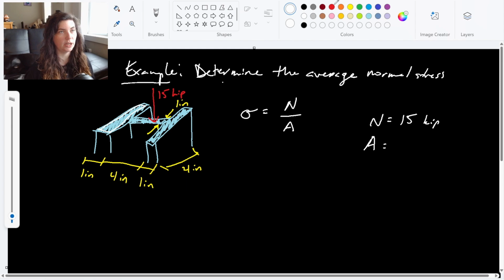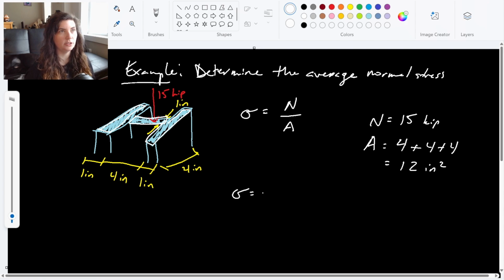So 1 inch times 4 inches is going to be 4 square inches. Plus this is another 1 by 4 cross-sectional area, so another 4 square inches. And then finally another 1 by 4. So 4 plus 4 plus 4 gives us 12 square inches.